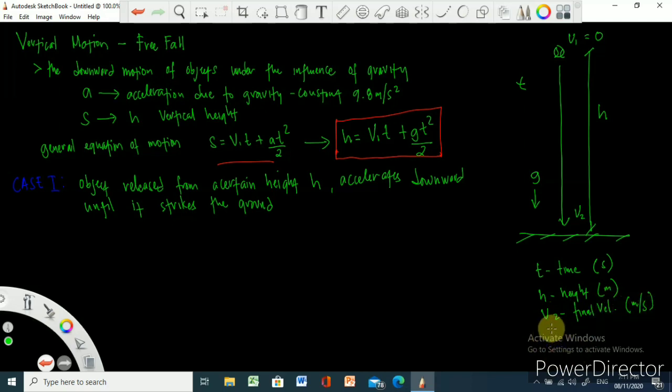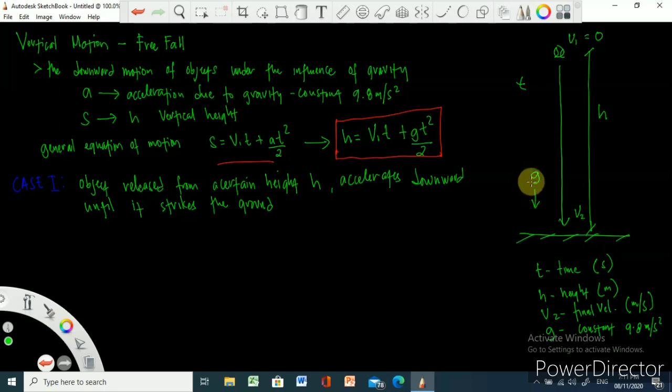And of course, G is your acceleration due to gravity, which is constant, 9.8 meter per second squared. Okay? So, ito yung case 1 natin.